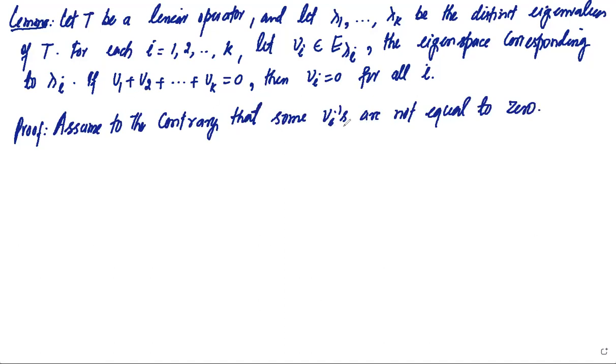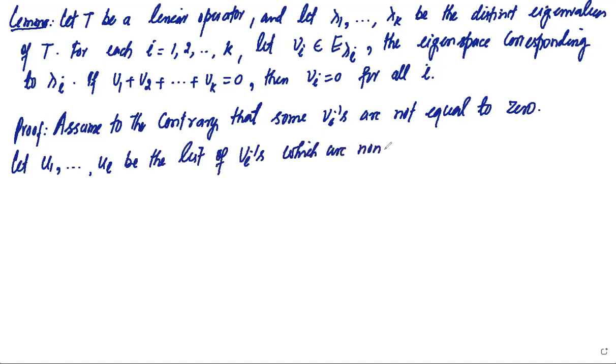We will first list the set of vi's which are not equal to 0, and then we will list those vj's which are equal to 0. So let u1 up to ul be the list of vi's which are non-zero, and let ul plus 1 up to uk be equal to 0.